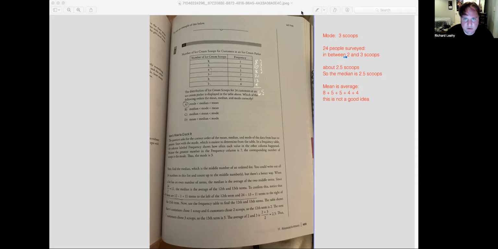So what I'm going to do is take these 65 scoops and divide them by how many people we have. We've already established that there are 24 people surveyed, 24 very hungry people eating ice cream. So we have 65 divided by 24.